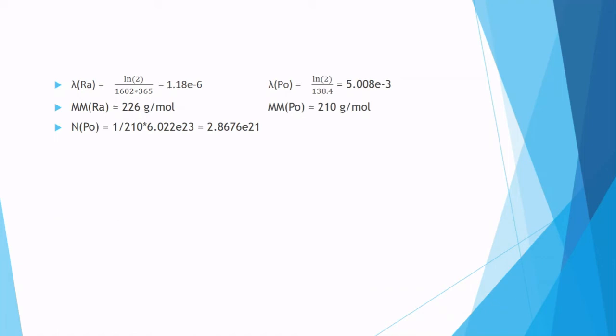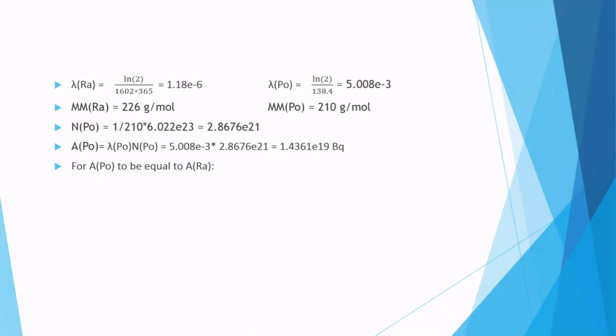This is the same calculation that we did in the second example, and we can see that the answer is 2.8676 times 10 to the 21 nuclei of polonium are present. Next, we will calculate the activity for the polonium using the formula shown here, and the answer for that is equal to 1.4361 times 10 to the 19 becquerels.